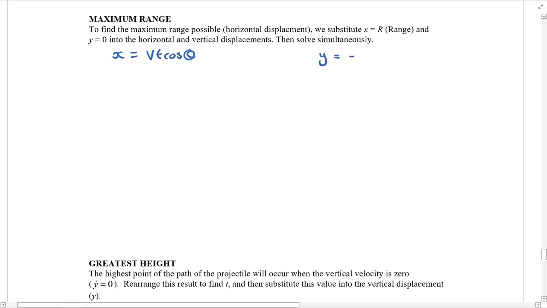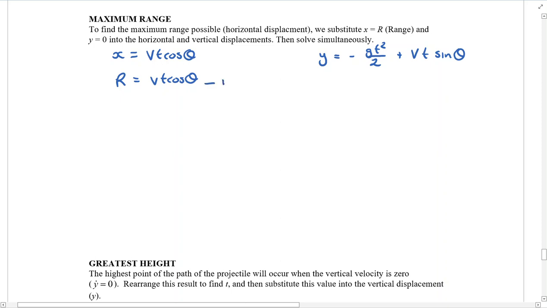We're starting with these ones a lot, because from them, everything else comes. Now, it says, first of all, that x is going to be equal to r, because that's going to be the range of our motion. So we're just going to change that equation to be r equals vt cos theta. That's all we're doing for that equation.